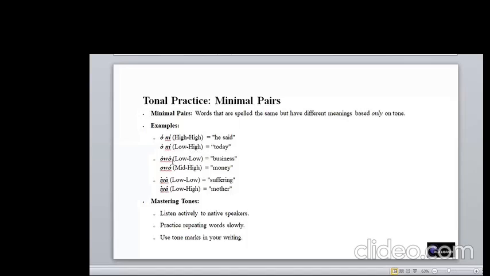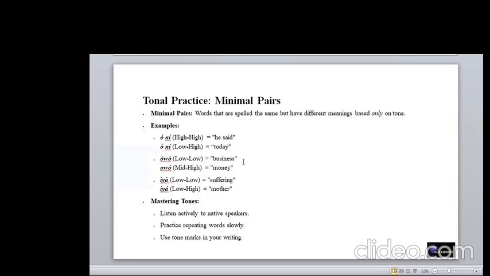The second example is W-O-W-O. It can be pronounced as Owo, Owo, which means do. And that's a low tone.